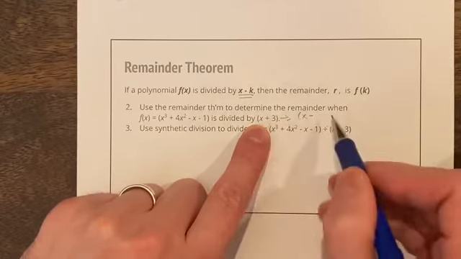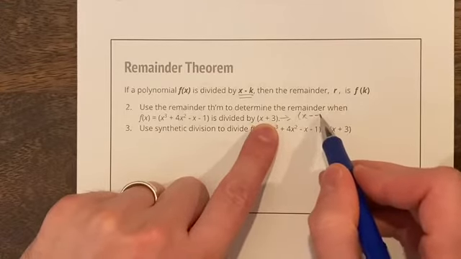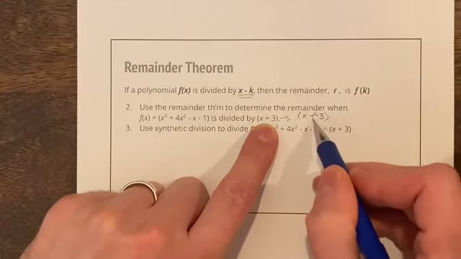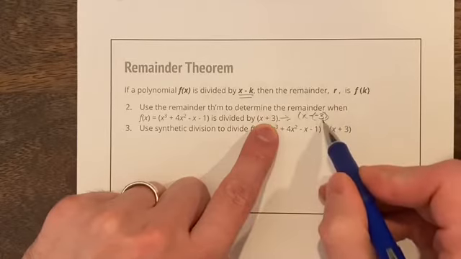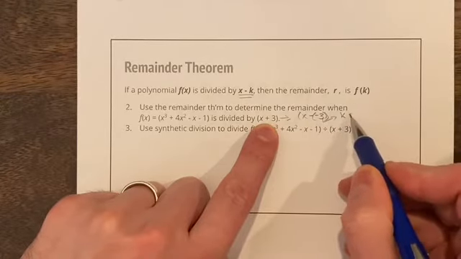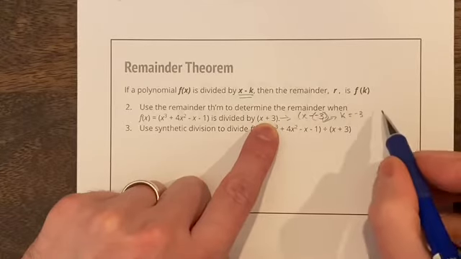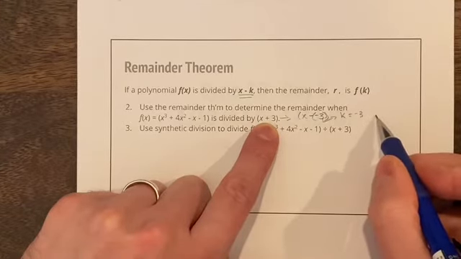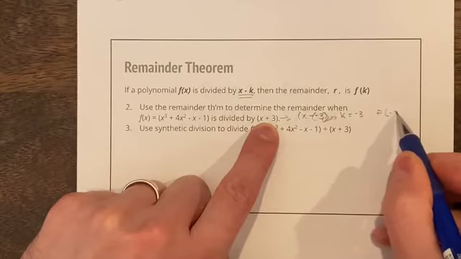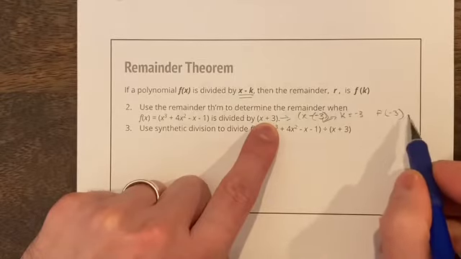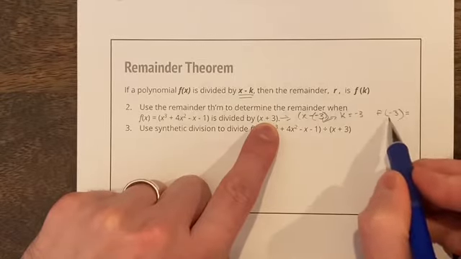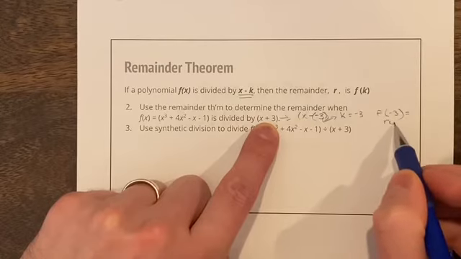X plus 3 is the same thing as x minus a negative 3. So our k value is going to be negative 3. To use synthetic substitution, we're going to need to find f of negative 3. If we find f of negative 3, that's going to tell us the remainder.